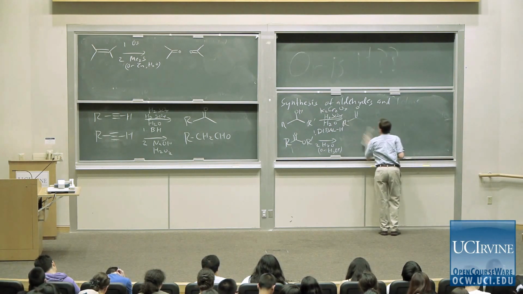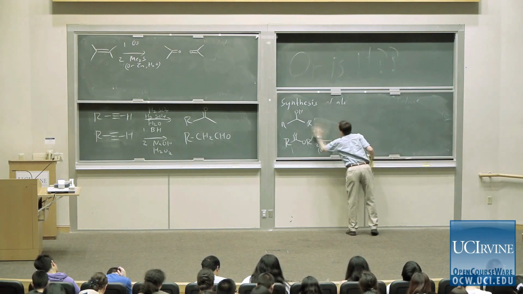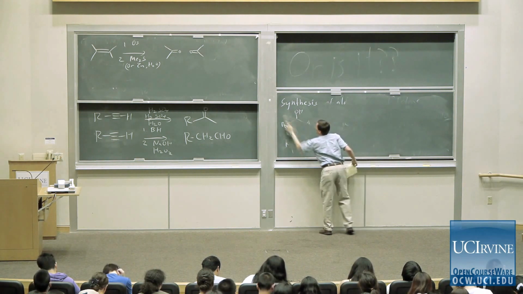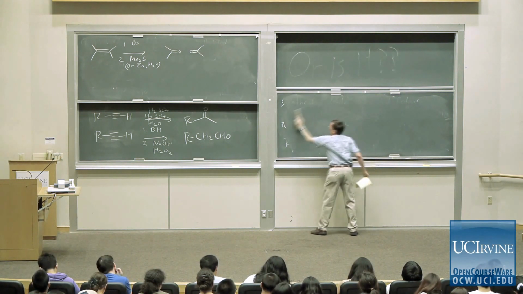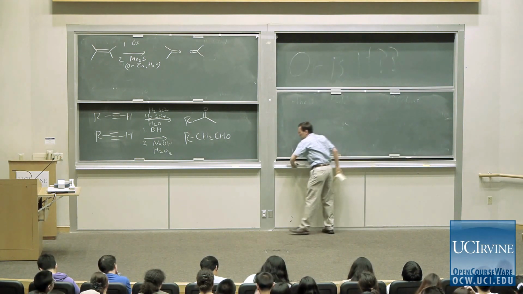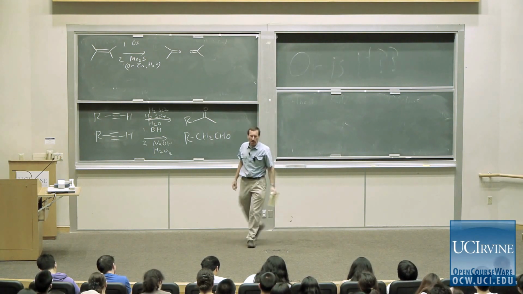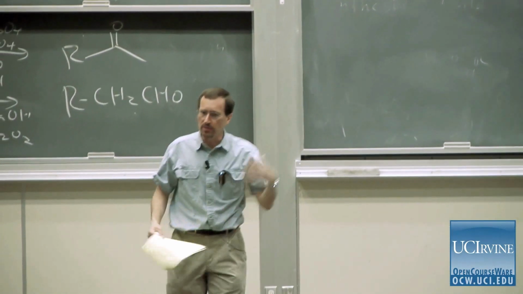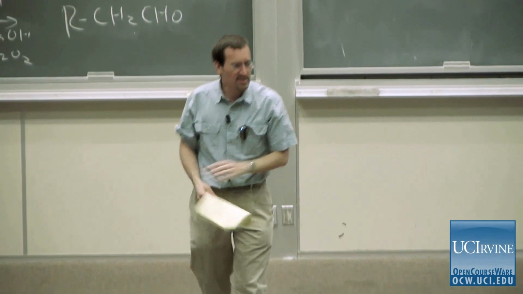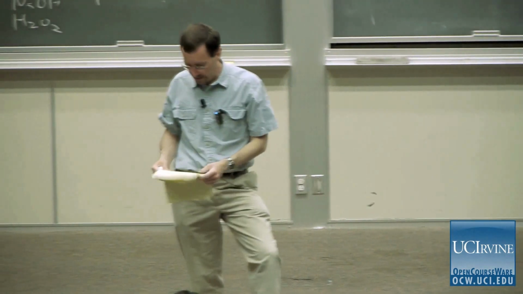All right, what I would like to do at this point is to really get us into the meat of the material. And the meat of chapter 21 is going to be what I alluded to at the beginning of class, this addition of nucleophiles.